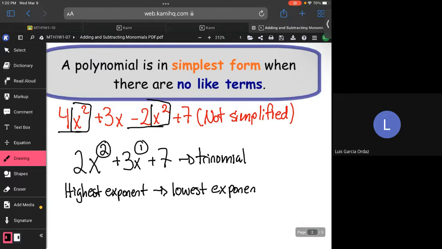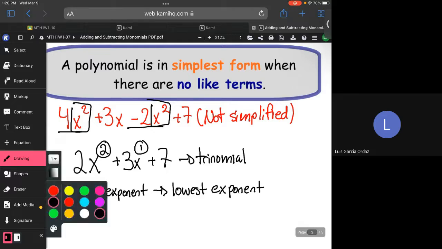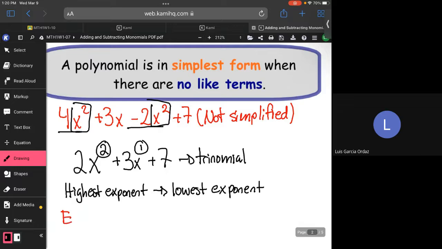So now I'm going to give you one more example to see if this sticks. I have 8x cubed plus 2x to the fourth minus 3x cubed plus 2x squared plus x minus 1.